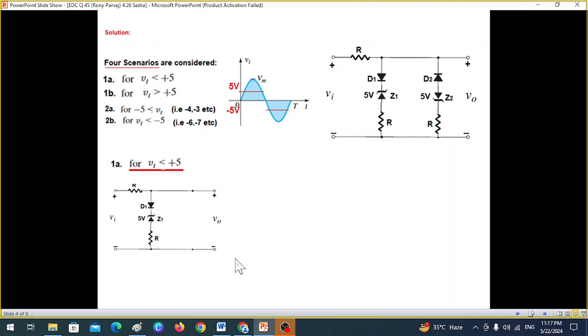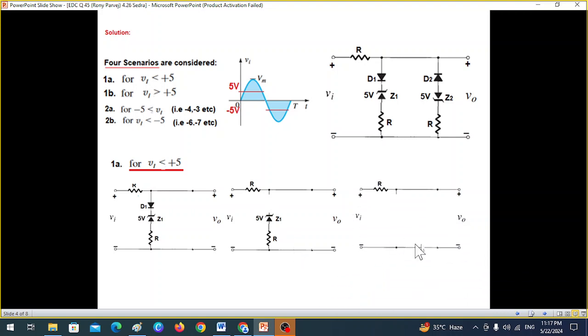It will be in the reverse bias condition, so the diode is an open circuit and no current is flowing, therefore we eliminate this as well. So this will be our simple circuit, and from here you can see that V out is equal to V in.